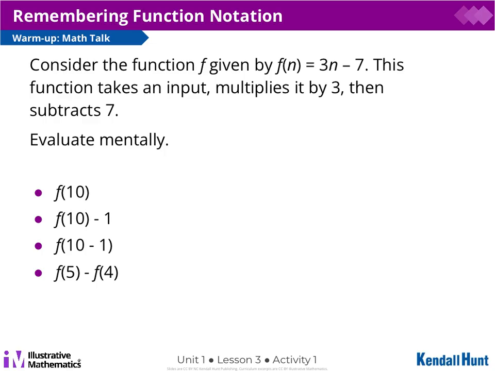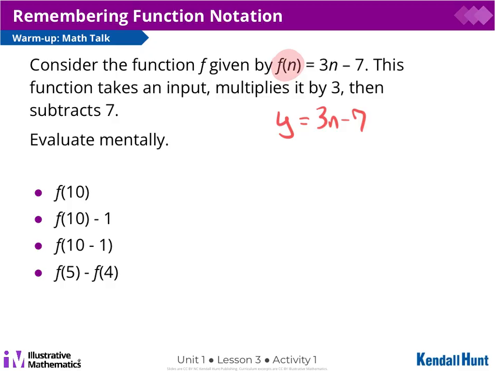Consider the function given by f of n equals 3n minus 7. When we see this notation, this is called function notation. We say f of n. So f is the output. You're used to y equals 3n minus 7.